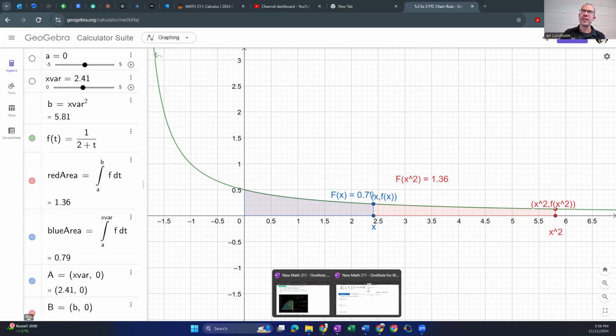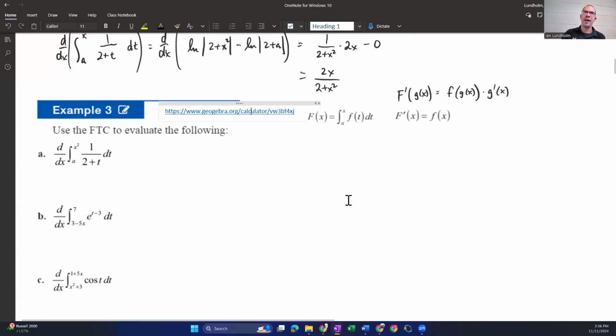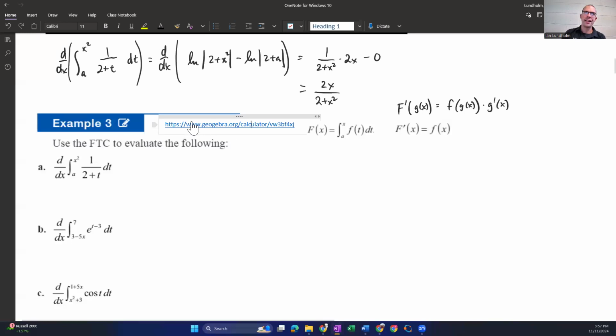And in this context, we are taking a derivative. We've got this d over dx derivative operator, so we will be taking a derivative. We're going to be doing the fundamental theorem of calculus, part one.